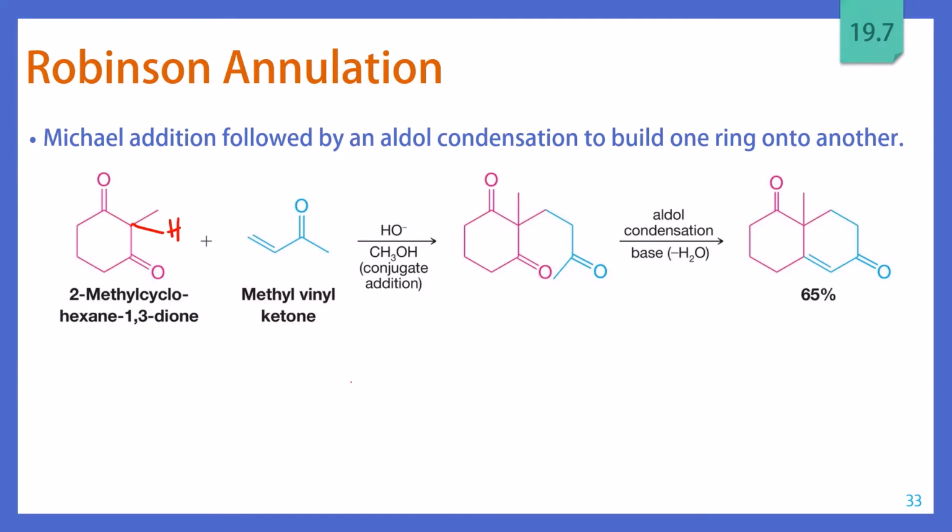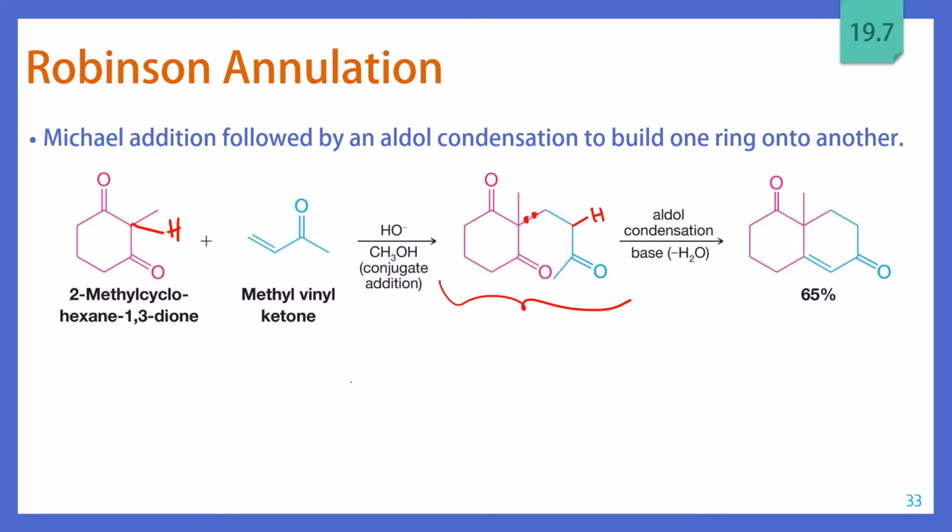So we'll form the enolate out of the 2-methyl cyclohexane 1,3-dione, which will then, by conjugate addition, add to create the compound here in the middle. So here's the bond that was made through that reaction step. And remember, we've added on a hydrogen here during the Michael addition.